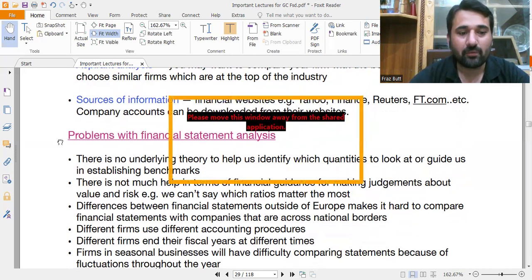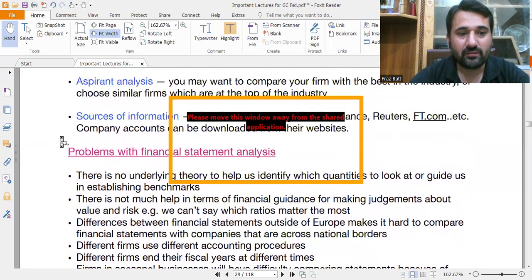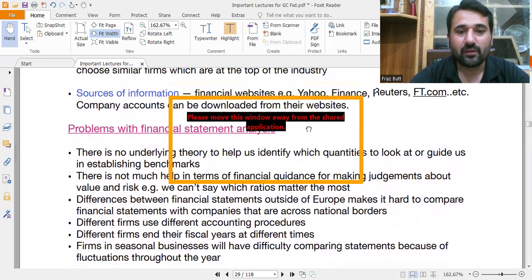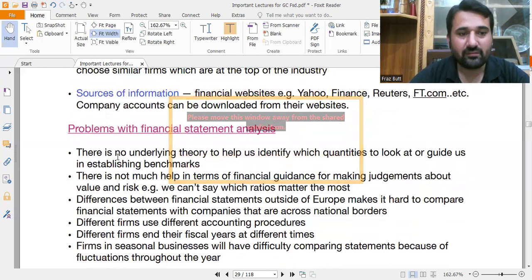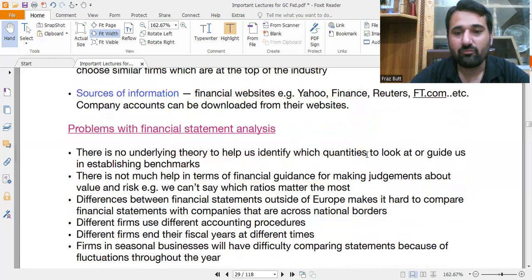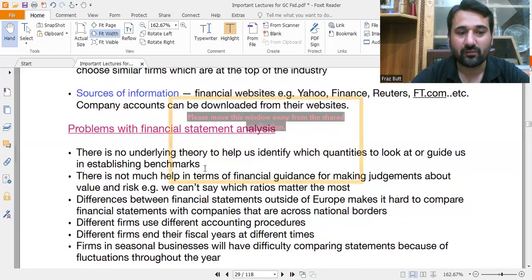Then our last topic for today's discussion is the problems with the financial statement analysis. What are the underlying problems which are encountered during the financial statement analysis? It says there is no underlying theory to help us identify which quantities to look at or guide us in establishing benchmarks.